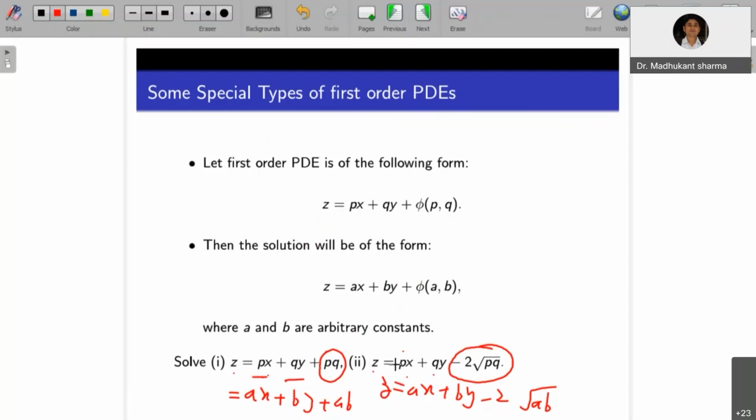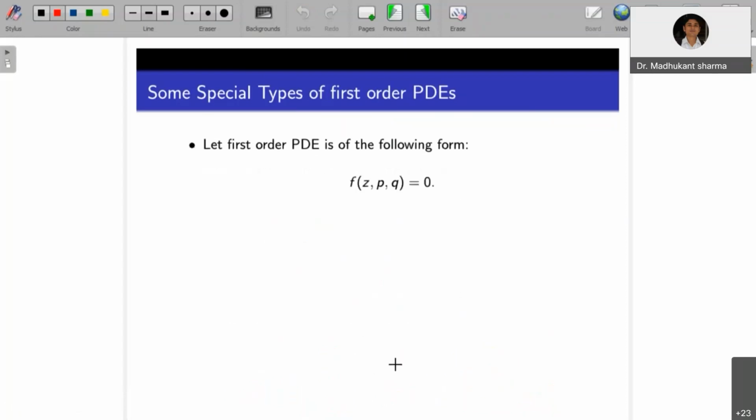Another special type: f of p comma q equals 0. Suppose you don't have the explicit presence of these two variables, then we use a transformation which will reduce it into a first order ordinary differential equation, which can be solved by available methods.